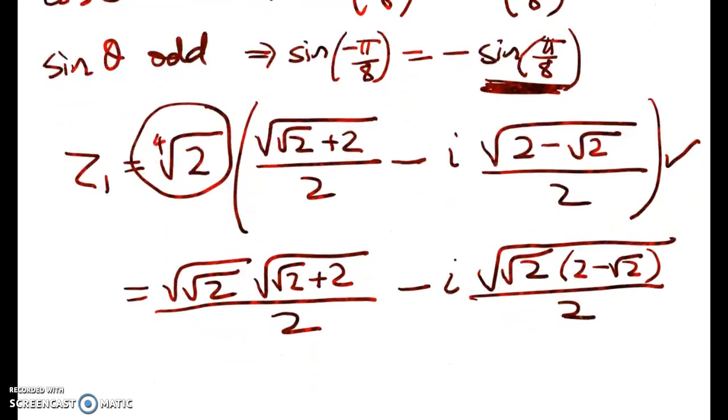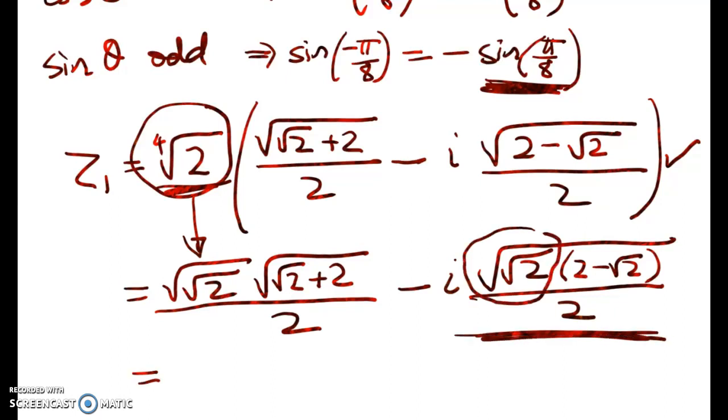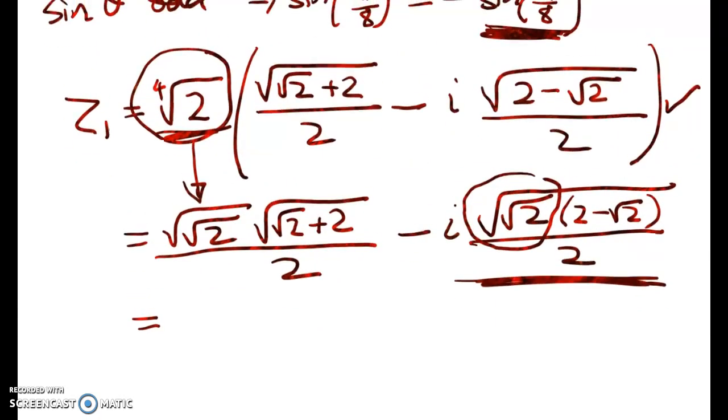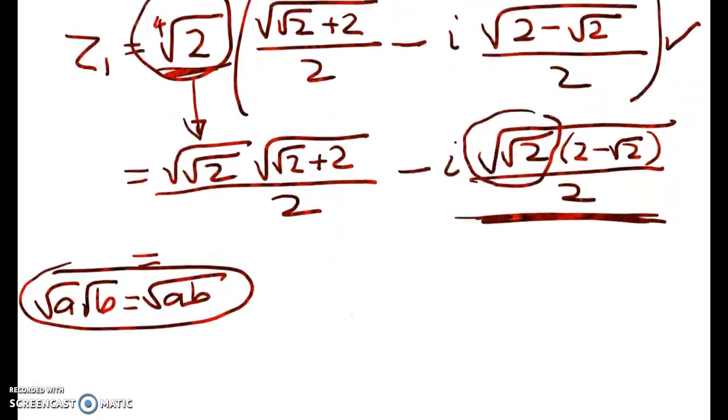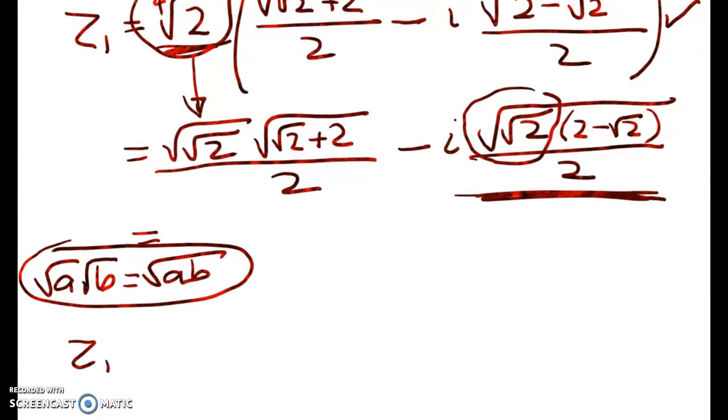So what I've done here is that I've written this like this, and the same thing in here, except that on this part of it I've naughtily chucked 2 steps together. Remember that root A, root B is just equal to root AB. Okay, so here, the nicest possible way to write z1 is like this.